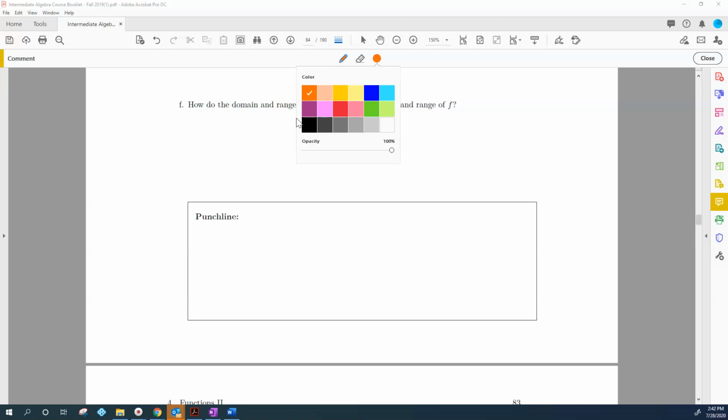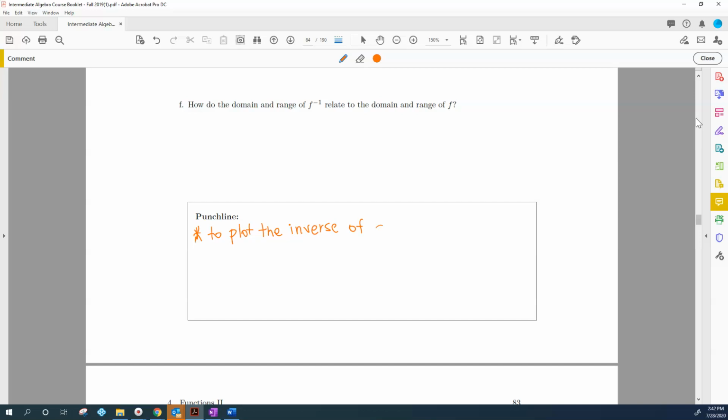To plot the inverse of a function, switch the input and the output. All right, I'm going to say x and y because that's what we usually call them. And then plot those points.